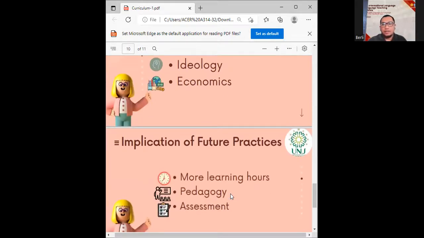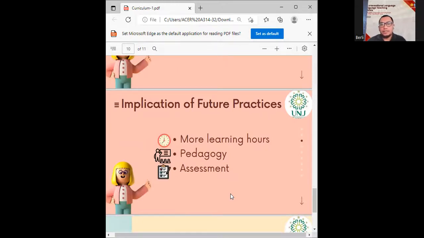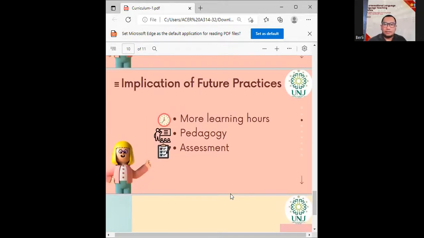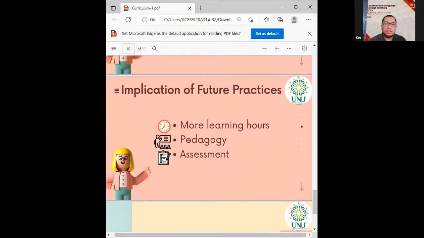The things that we can learn from this finding: first, learning hours are really important in order to increase the opportunity of the students to learn and to develop their English skills.